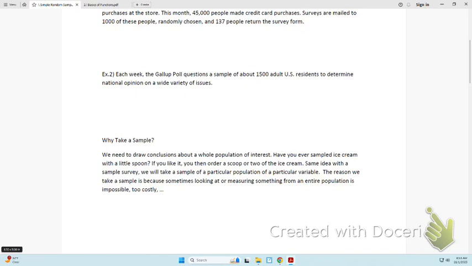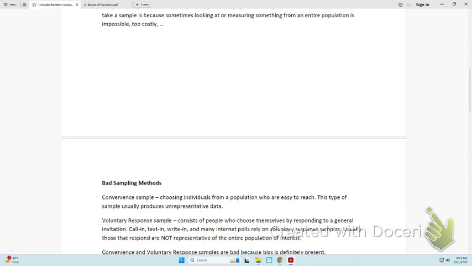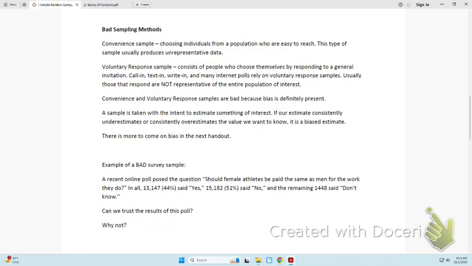So you take a tiny sample to decide if you like it. So there are some bad sampling methods. Convenience, if you just take the first set of people that you encounter, there's nothing random involved. That could be a biased sample. It's not representative of every single person in the population.